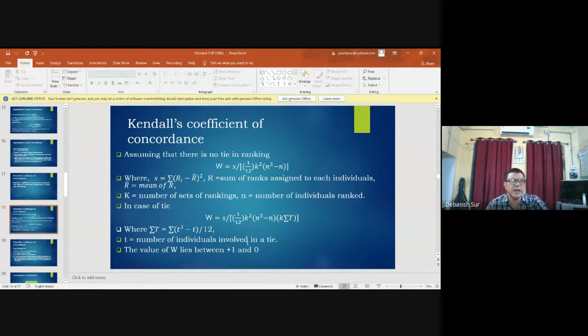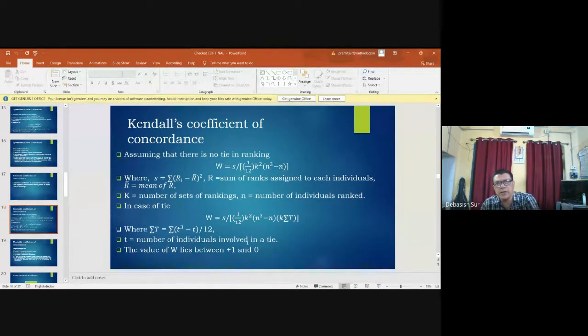Suppose we have considered 100 individuals or 20 individuals, so n equal to 20 or n equal to 100. But if a tie arises, we have to use the second formula. Here the formula is not correct, one minus is missing.